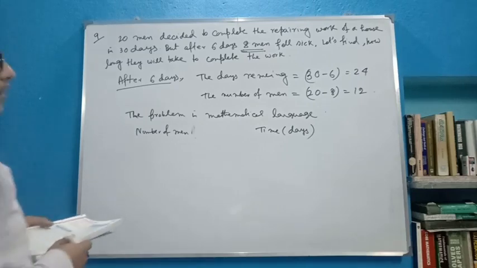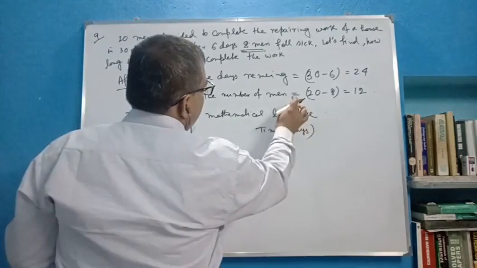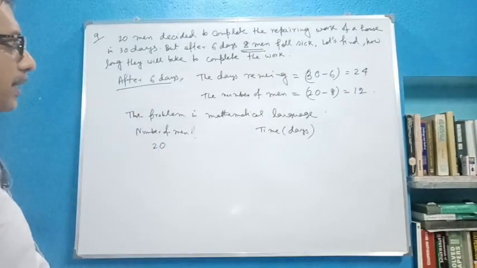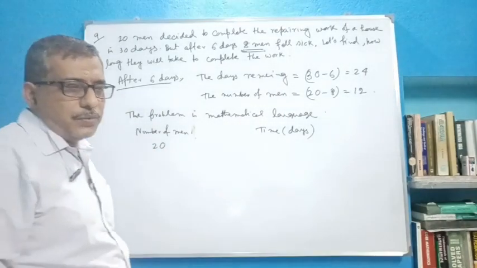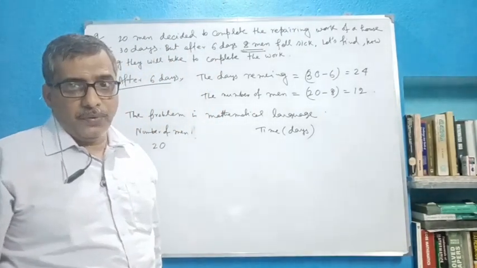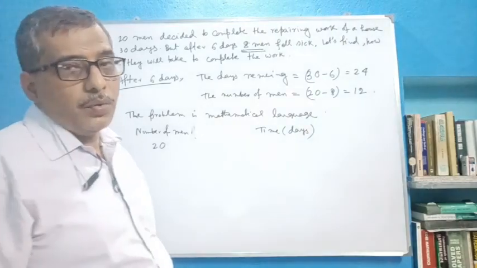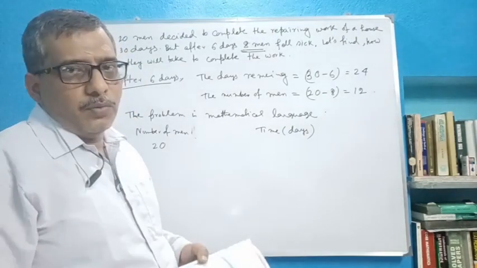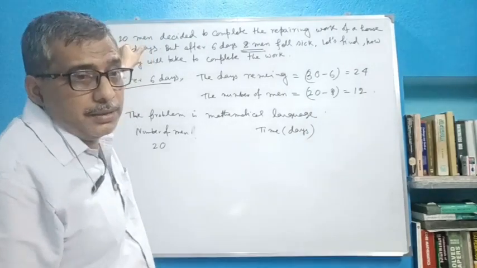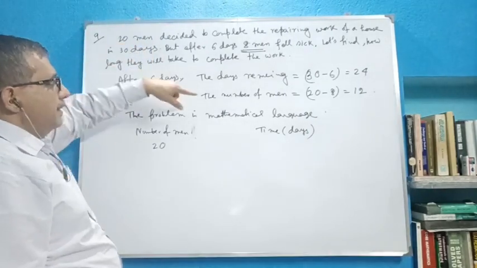At first, if the number of men is 20, then the work will be completed within 30 days or 24 days. 30 or 24, obviously 24. So for the remaining work, we have the total number of men 20, who worked for 6 days.